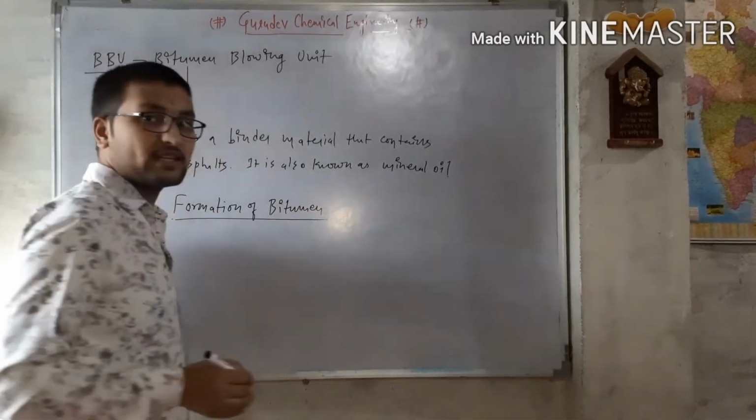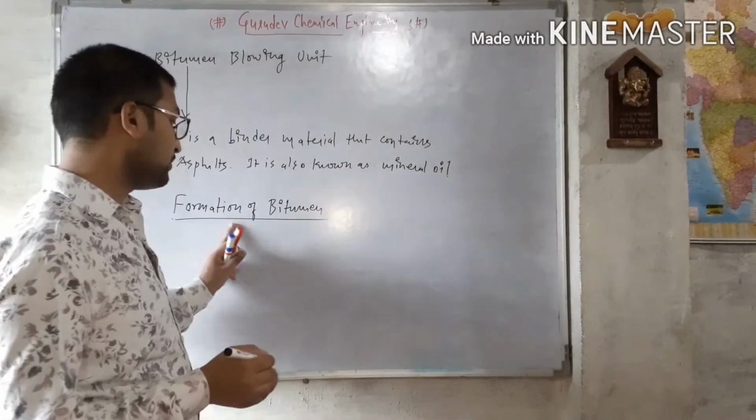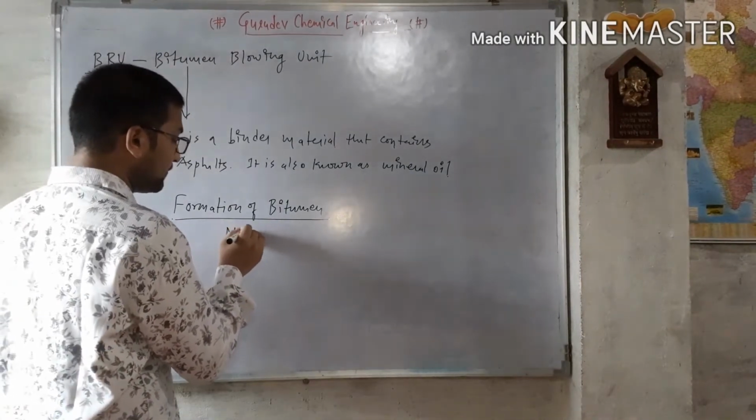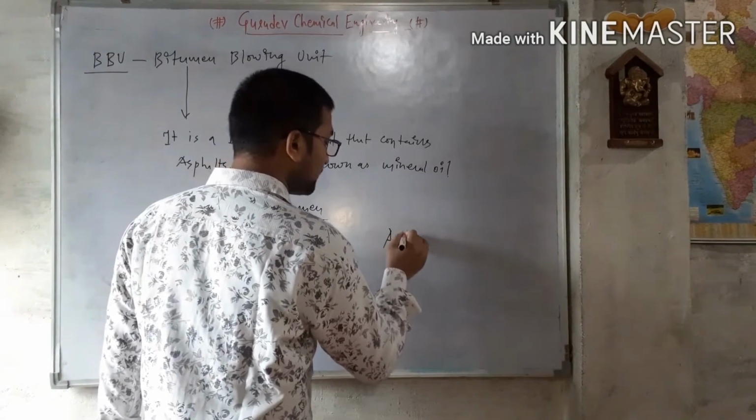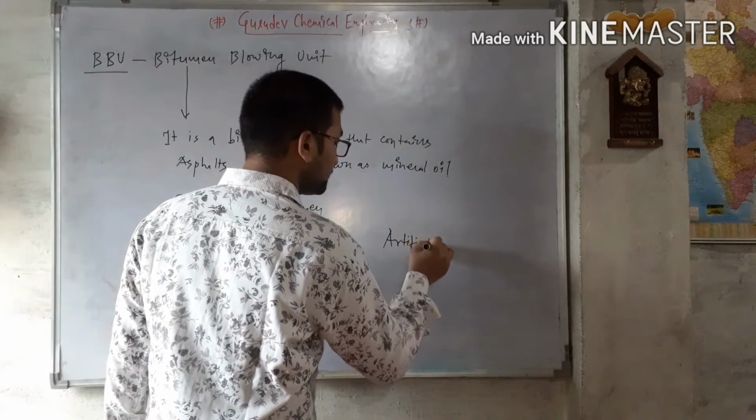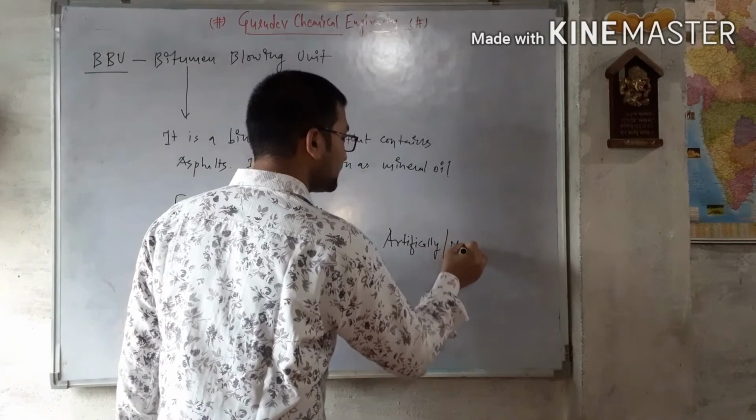Basically there are two types of formation of bitumen. First is natural, and second is artificial or man-made.